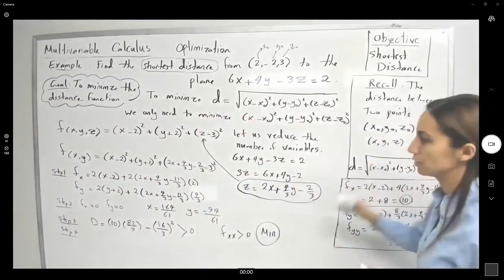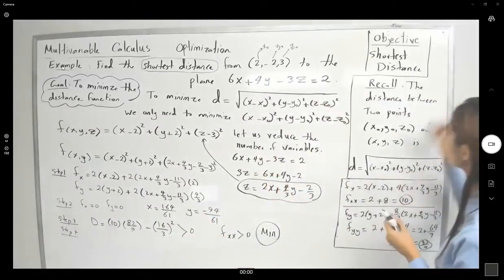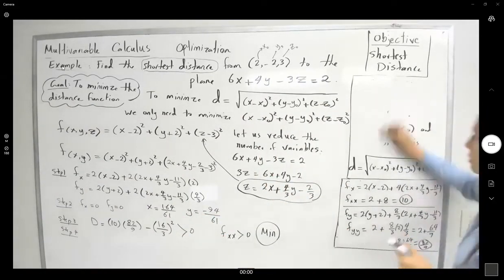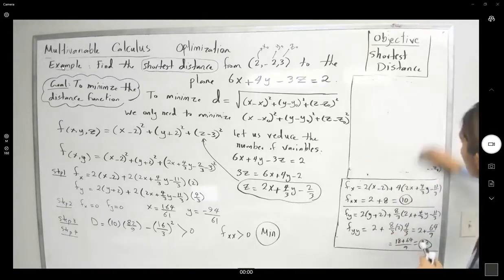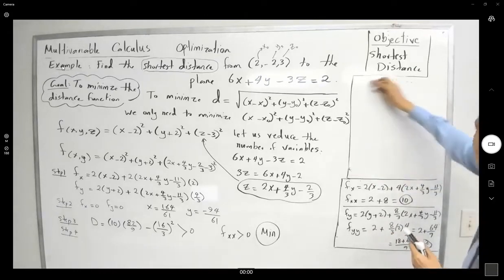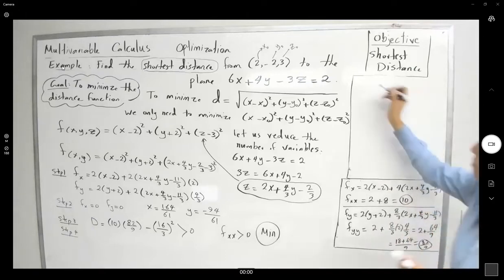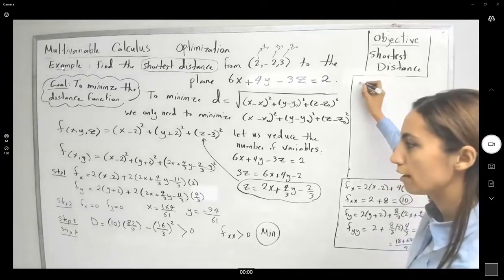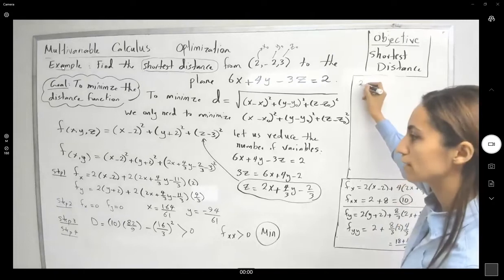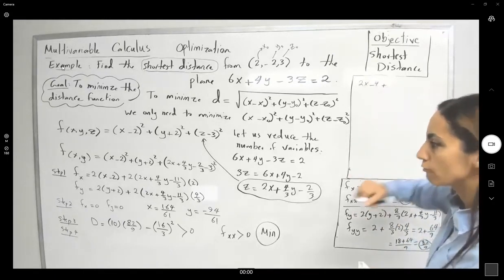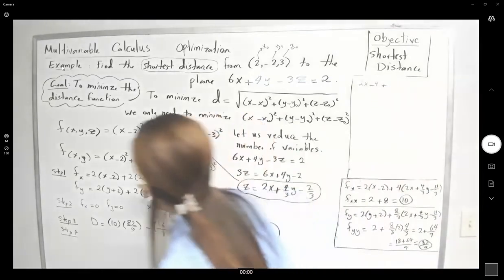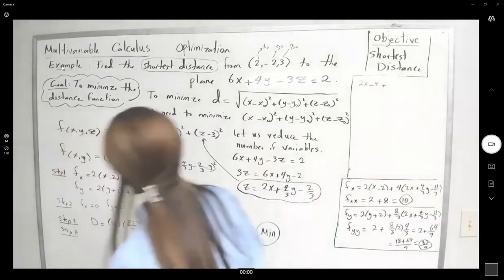Very well. For those of you who are wondering how we got these two x and y, we are using algebra. We're solving a system of linear equations. So here you have 2x minus 4 plus, this is 4, so let me write this down here, it's easier to distribute this.